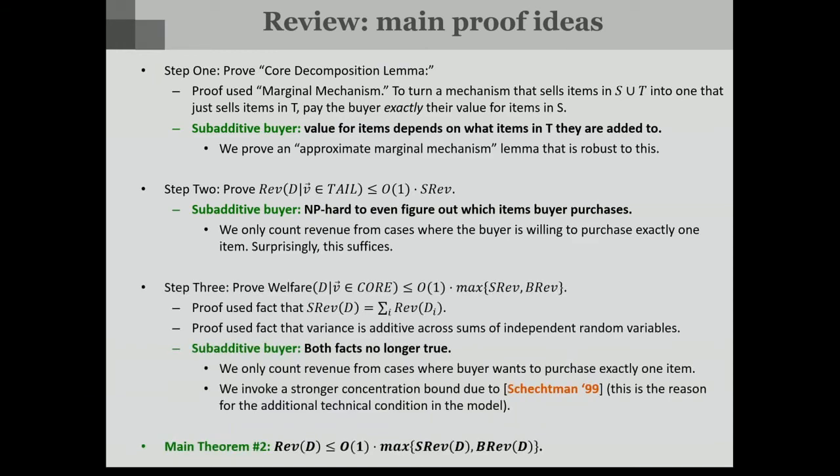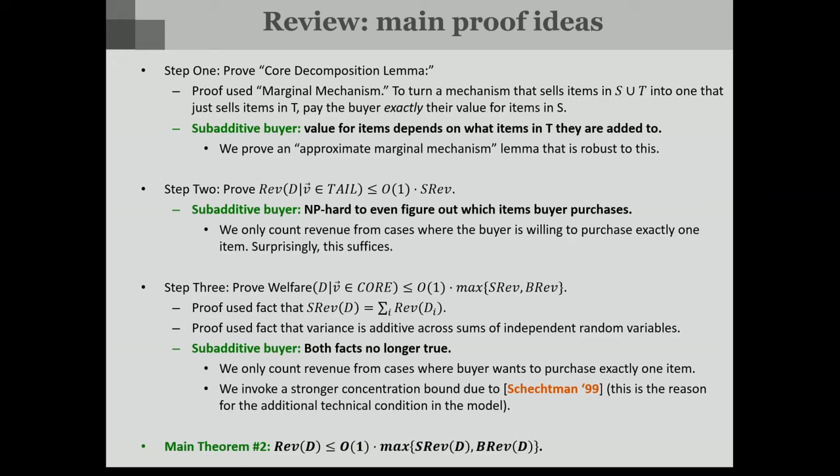Now the last step is, again, we have to bound the welfare of the core using the better of Srev and Brev. Just to remind you, our earlier proof used the fact that Srev is additive across the items, and we also used the fact that variance is additive across sums of independent random variables. For subadditive buyers, both of these are no longer true.